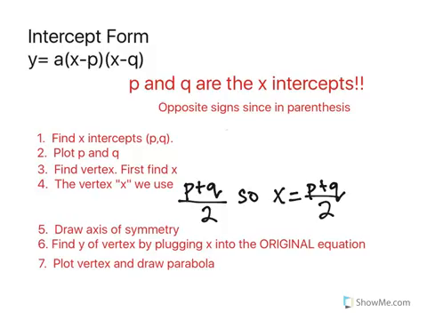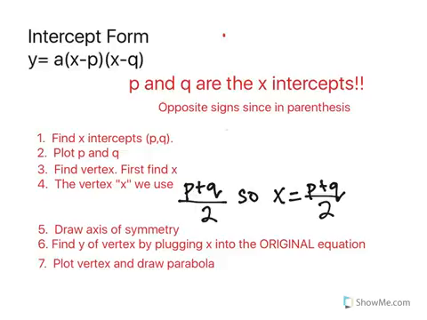Maybe the margin is not big enough, maybe the backside or the top where your name goes. Find a spot that's available on your notes, and I need you to copy down steps 1 through 7. I'll press pause so that you can copy down steps 1 through 7. These are the 7 steps that we are going to use to successfully graph a parabola when the equation is given in intercept form.